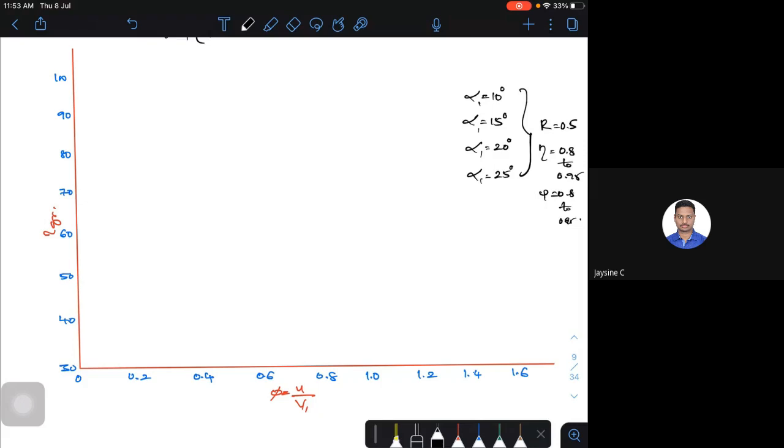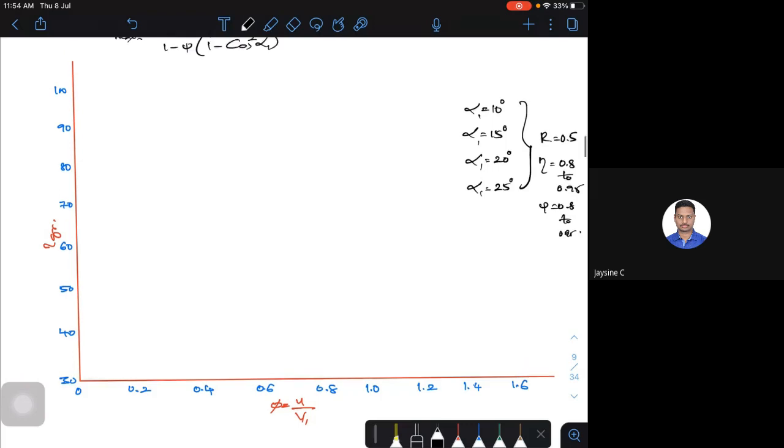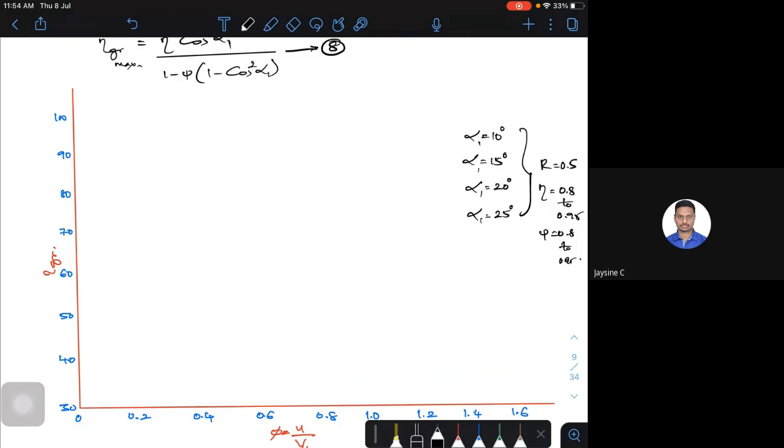Once you have this, go back to your impulse machine, where you had the same gross stage efficiency. Now try to plot this gross stage efficiency.